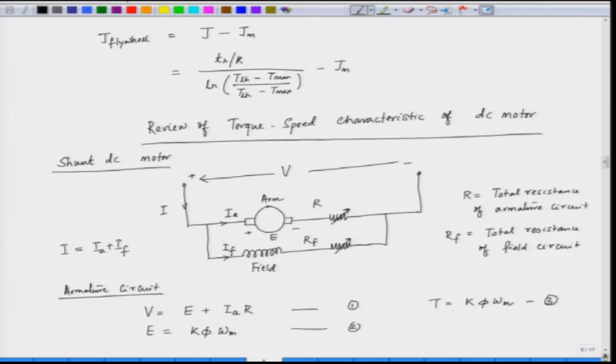Then the torque equation: in a shunt DC motor, when we keep the flux almost constant, T is equal to K phi into IA. Now, from this we have to find out the speed torque characteristic of a shunt DC motor.